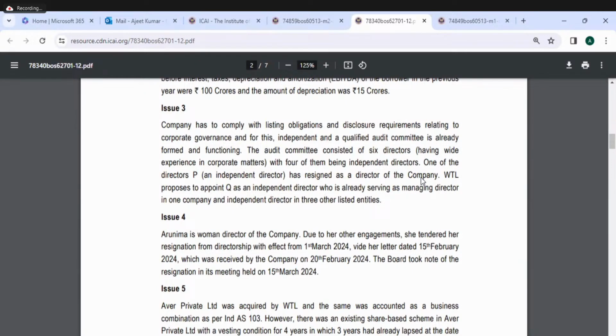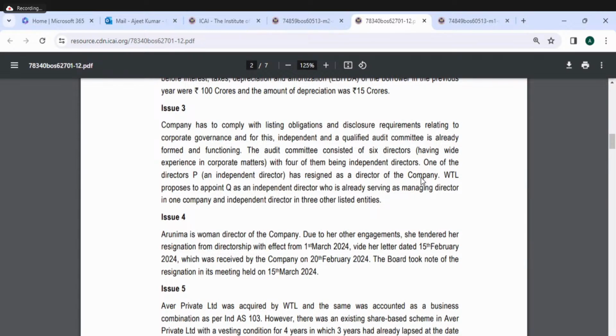So the number of members would again be 6 and 4 of them being independent directors. My work is done. No. The answer is still no. Why? Who is already serving as a managing director in one company, an independent director in 3 other listed companies?